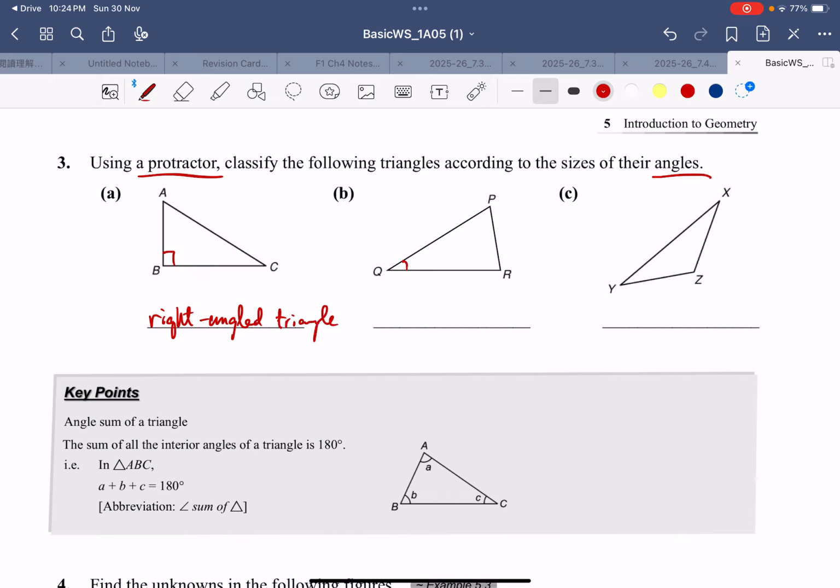And these 3 angles are acute, so it is an acute angle triangle. And then with one obtuse angle here, this is called an obtuse angle triangle. Just some names.